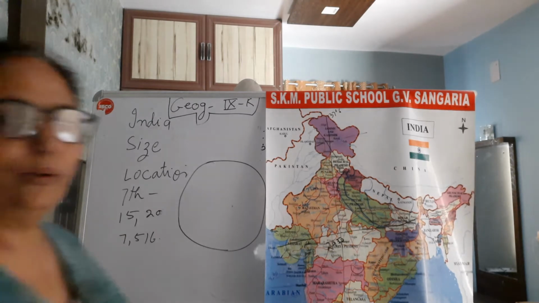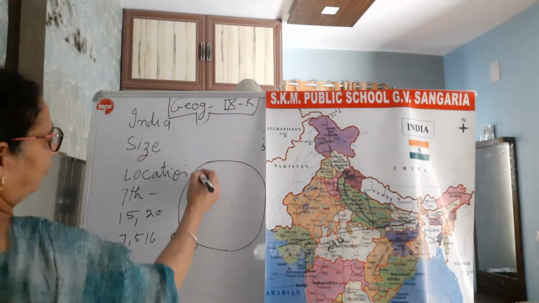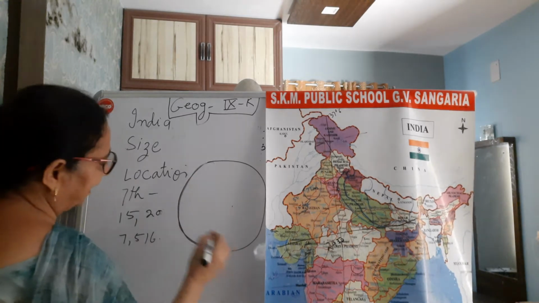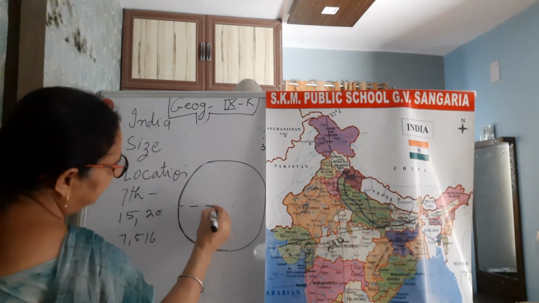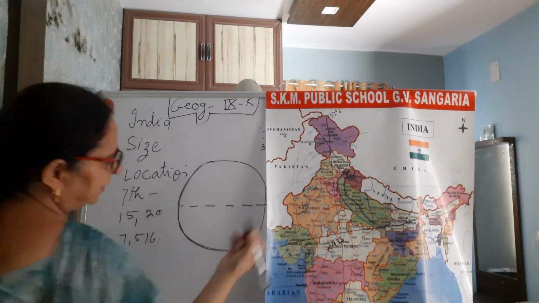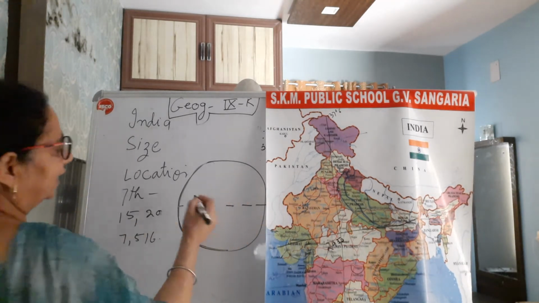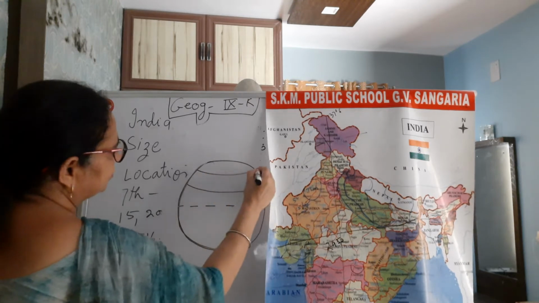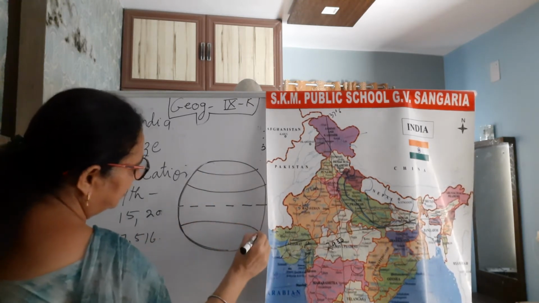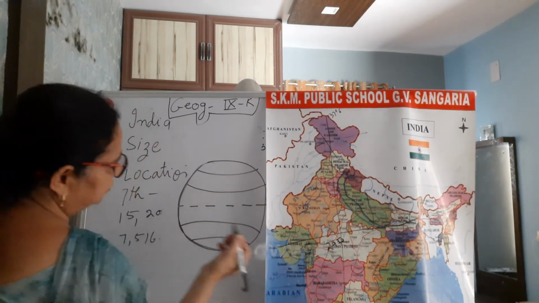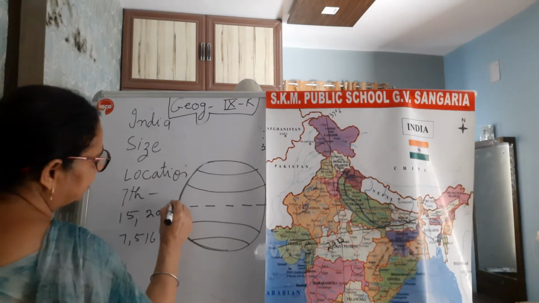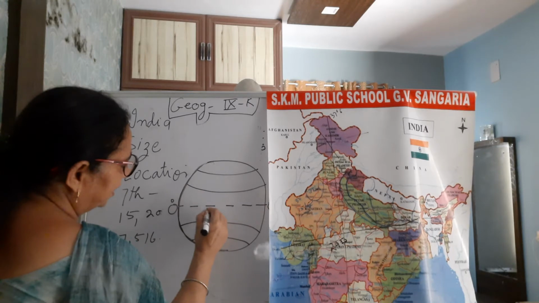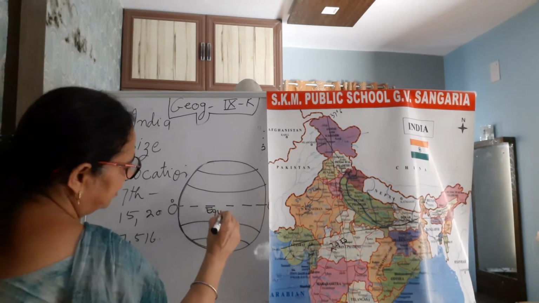No. So on the globe also there are some imaginary lines in this way. All these lines are called latitudinal lines, and this is 0 degree latitude. 0 degree latitude is the equator.